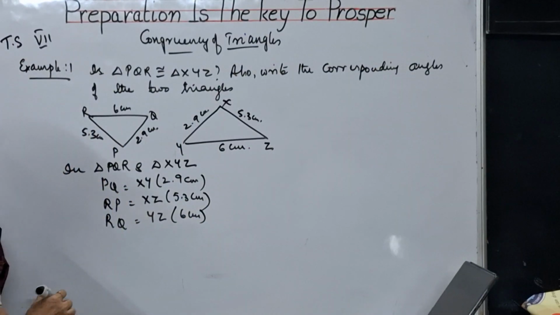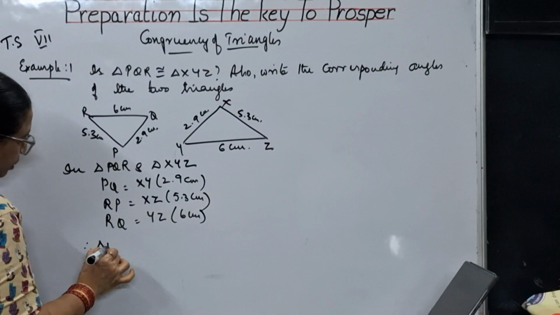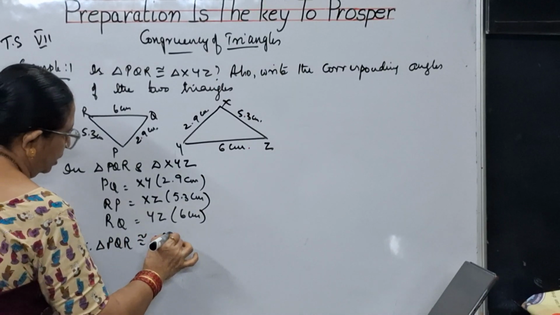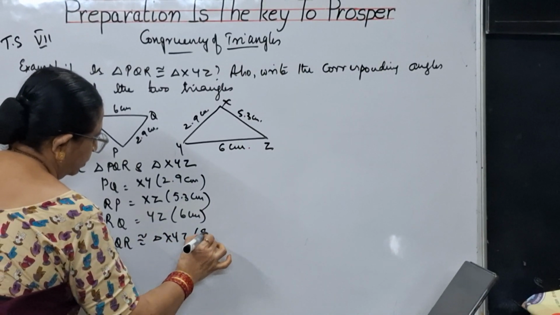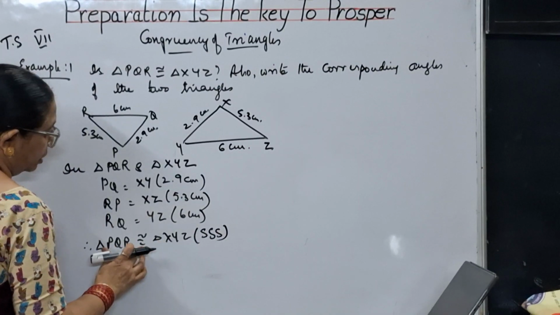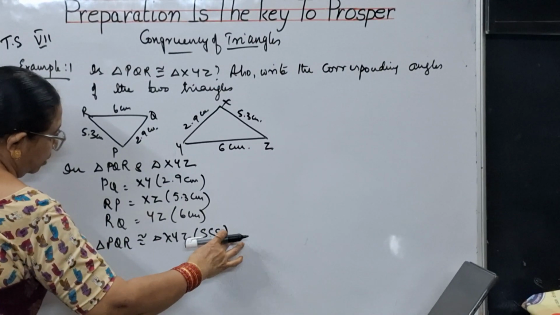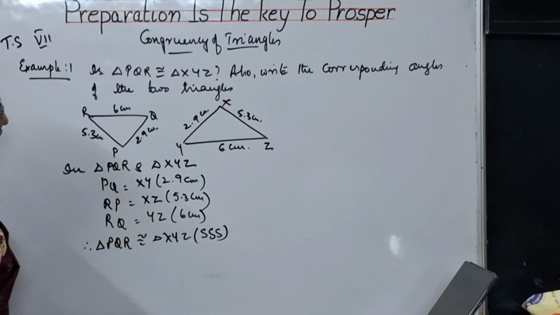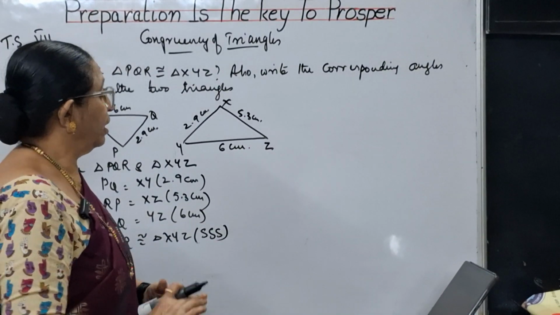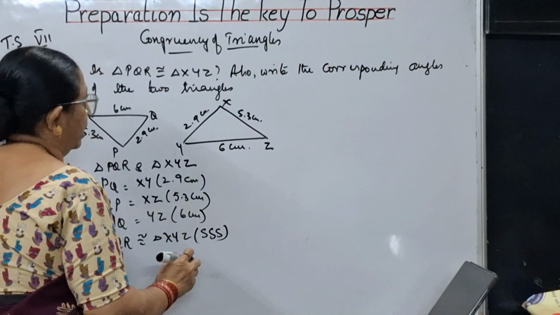So their measurements are the same. Therefore, triangle PQR is congruent to triangle XYZ basing on side property. Whenever you write this congruency symbol, you need to write the reason, which property they are agreeing with. Apart from that, they are asking to write corresponding angles.